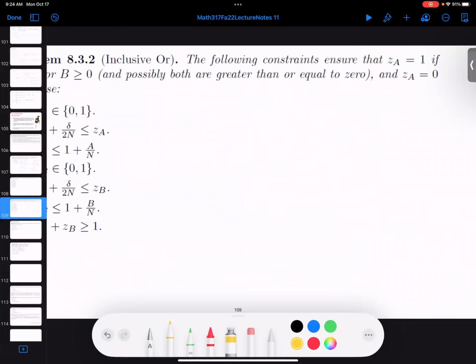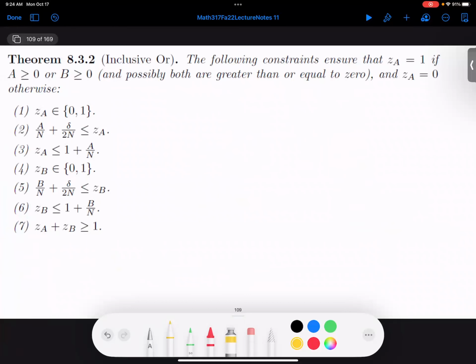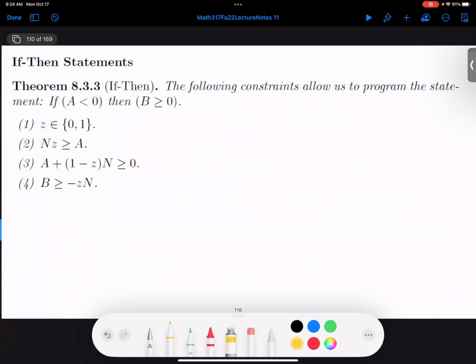Okay, so we did inclusive or, which is basically the same, but the only difference is the last one is, as you said, greater than or equal to 1. If then is another natural one to do. So if something happens, then something else happens. Can anybody give me an if then situation in the real world?